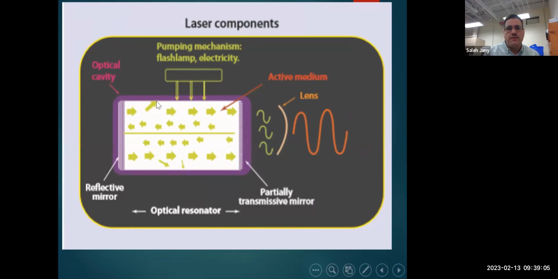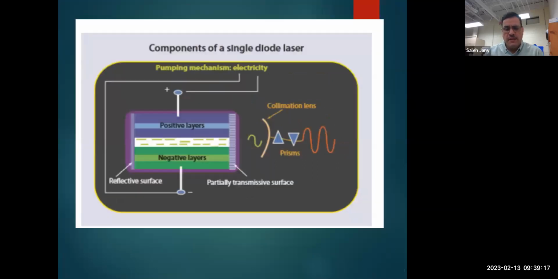The other photons traveling in a different direction will be lost. The energy will be lost as heat. That's why a laser machine needs a lot of cooling system. One of the newer lasers is the diode laser, made of two reflecting surfaces. And remember, the laser pointer is made of a diode laser.